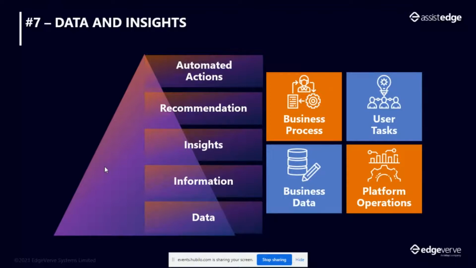And this is spanning across all sorts of data, whether it is business tasks that are captured, whether it is business processes, whether it is platform operations, whether it is transactional data that the bot has generated over a period of time. So this whole progression from raw data to automated action is applied at multiple stages of the platform.